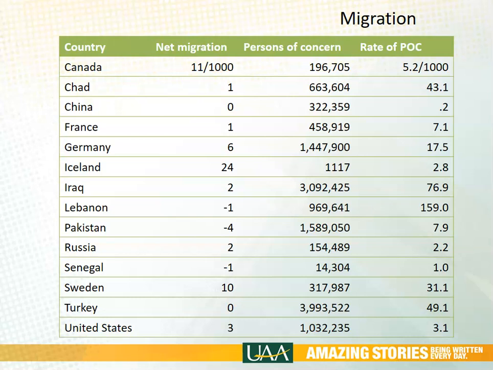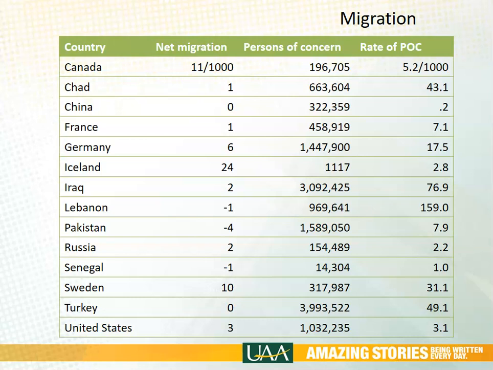The next column shows persons of concern. This includes official refugees as well as asylum seekers as well. I've listed the absolute number of people of concern and also the rate based on the population in that country. You'll see that some countries have very high rates of persons of concern living within their boundaries.